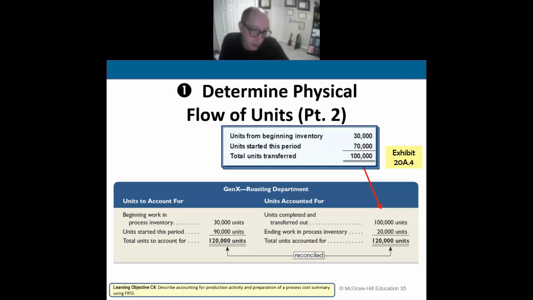We started the month with work in process of 30,000 units. We added an additional 90,000 for the 120,000. We transferred out 100,000 completed units. Within that 100,000 units, we started with the 30,000 and we started and completed 70,000 of the 90,000. So that's 100,000. We ended the month with 20,000 units remaining.